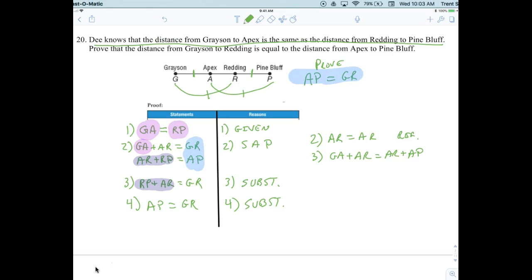You agree with that? That make sense? And now GA plus AR is equal to GR, and AR plus RP is equal to AP by the segment addition postulate. Does everybody see I just proved it, what? A different way.